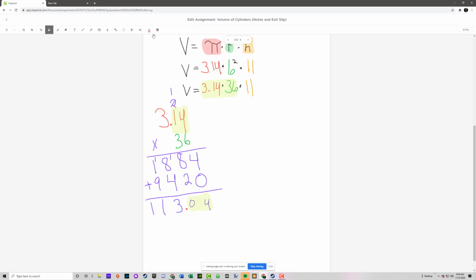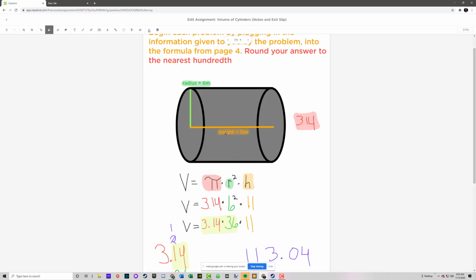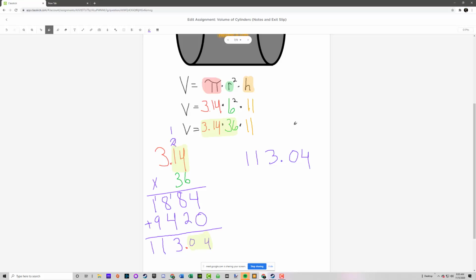Good. We have one last step, and then we are done with this problem. What is the last step before we're done and we will have calculated the volume of this cylinder? What's the last thing we have to do?